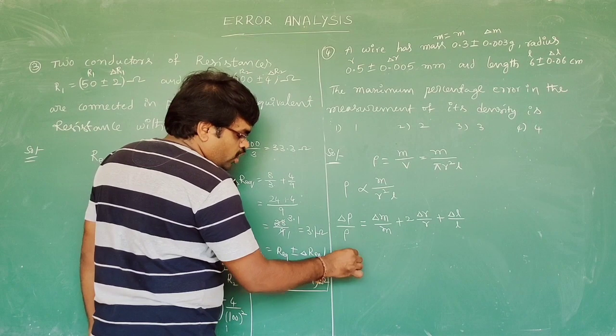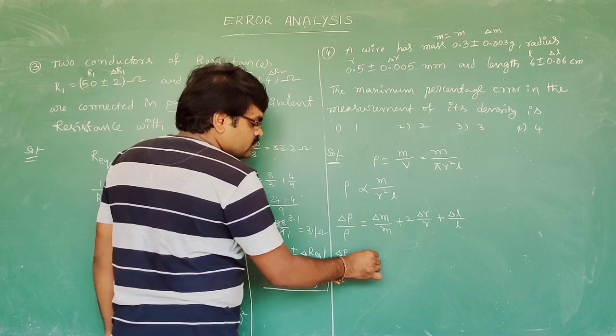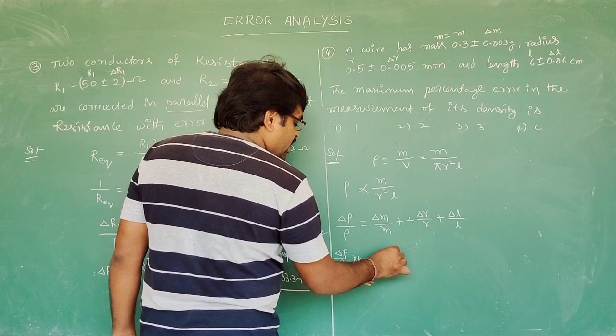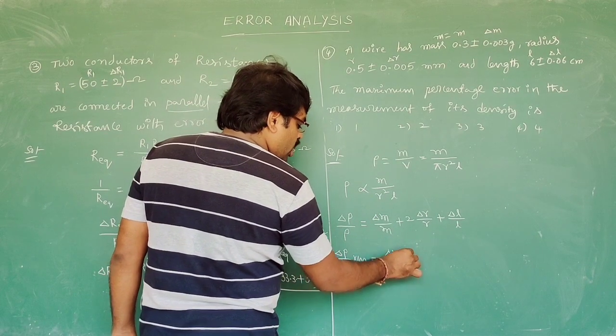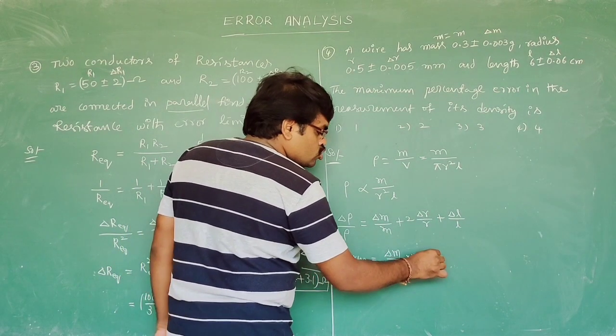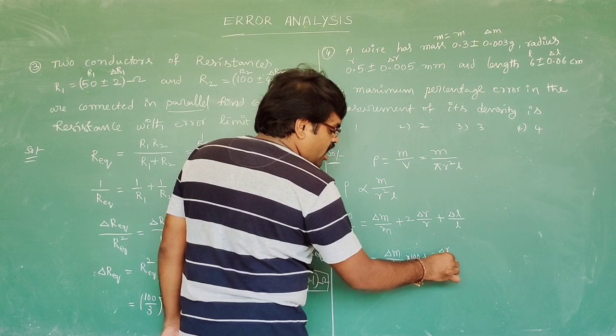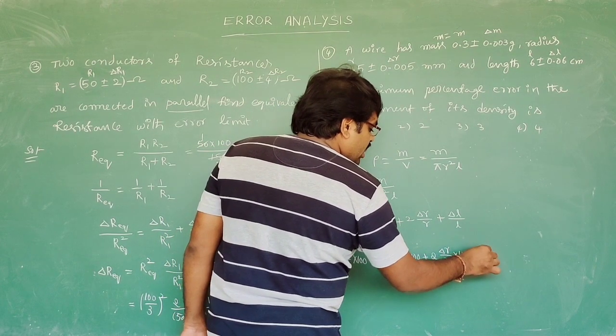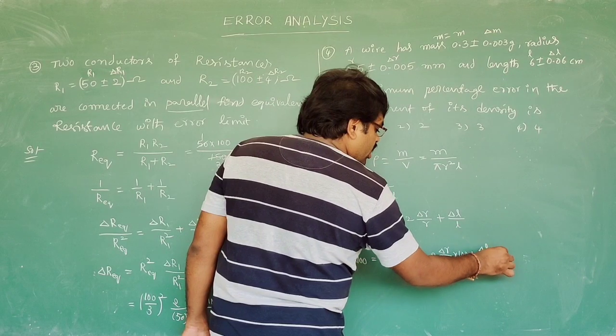Delta rho by rho into 100 is equal to delta m by m into 100 plus 2 into delta r by r into 100 plus delta L by L into 100.